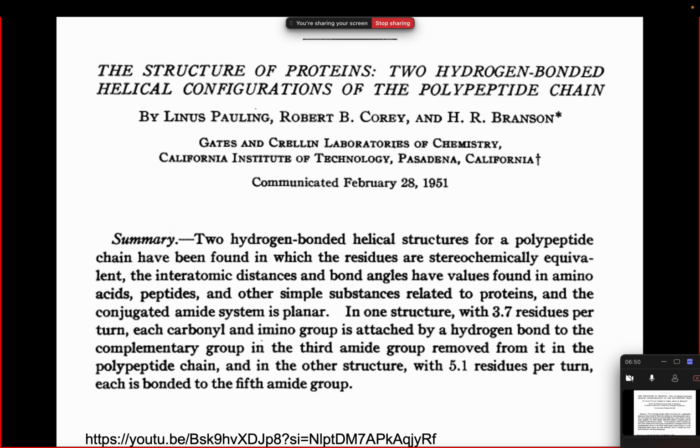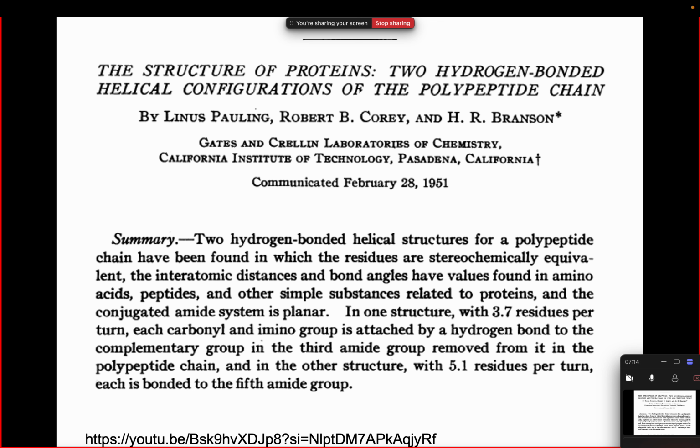What they said is that two hydrogen bonded helical structures for a polypeptide chain have been found in which the residues are stereochemically equivalent. The interatomic distances and bond angles have values found in amino acids, peptides, and other simple substances related to proteins, and the conjugated amide system is planar.